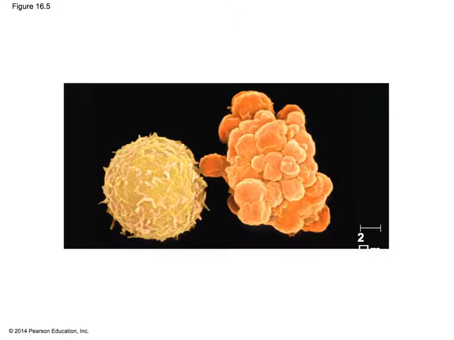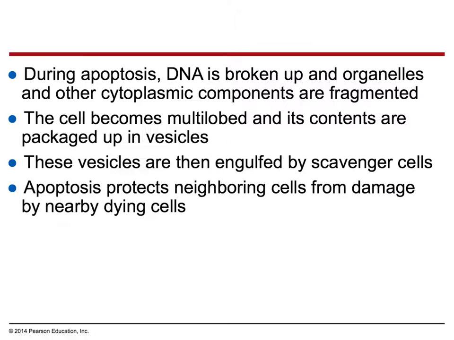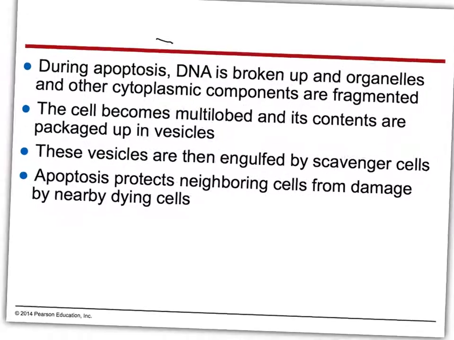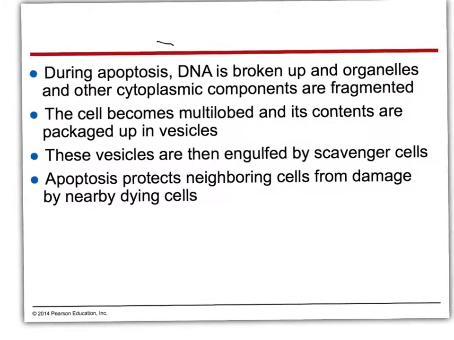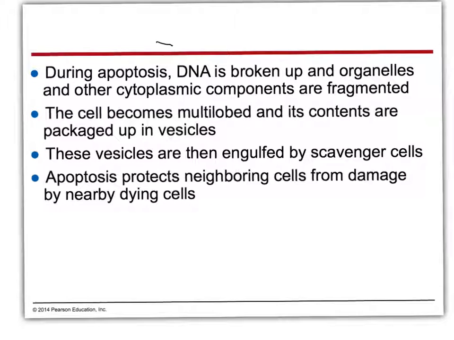Within that, there's a whole bunch of signal transduction pathways that are ongoing and causing this to happen. The cell is basically degrading from the inside out. The DNA is being broken down. The proteins are being broken down without causing problems to the cells next to it, though. So during apoptosis, DNA is broken up and organelles and other cytoplasmic components are fragmented.